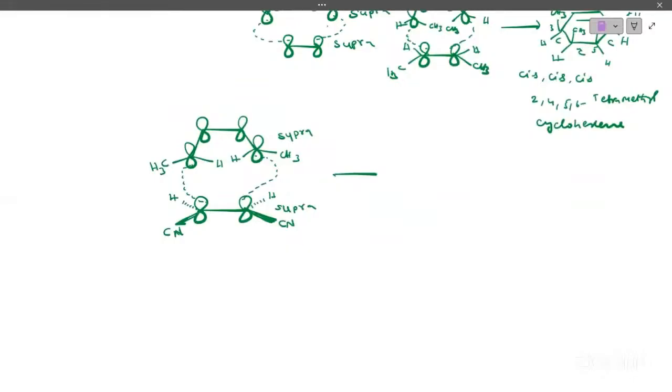Then the product leads to no change in the stereochemistry at any center, right?